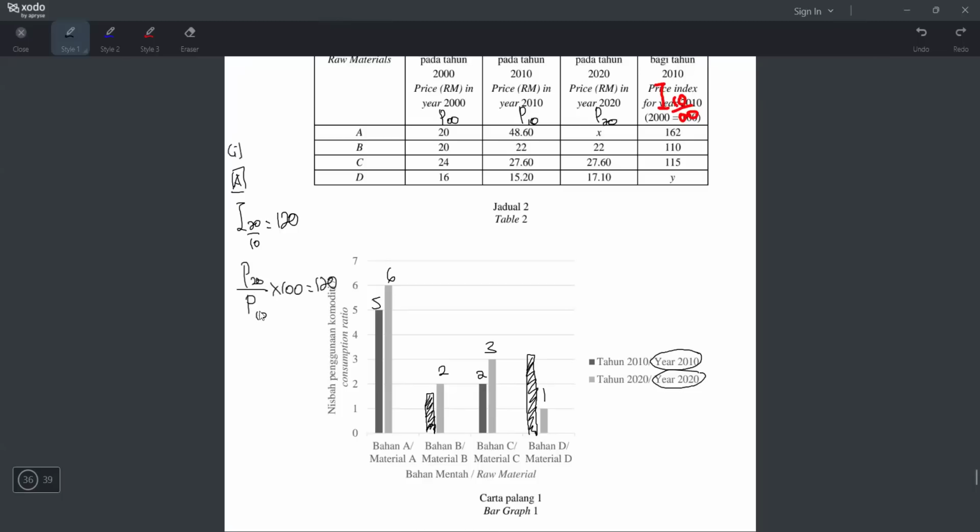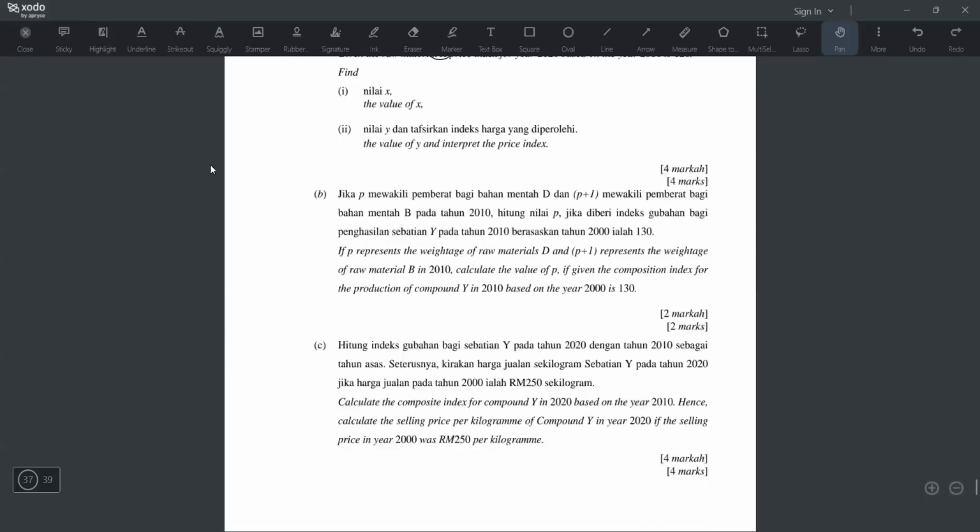But the 2020 is X. So this one I erase, I write X. And then the price in 2010 is given here, 48.6. So just put it in, and then you can find X now. So just press 120 divided by 100 times 48.6. So you get RM58.32. Must write RM because this is a price. Okay, done.